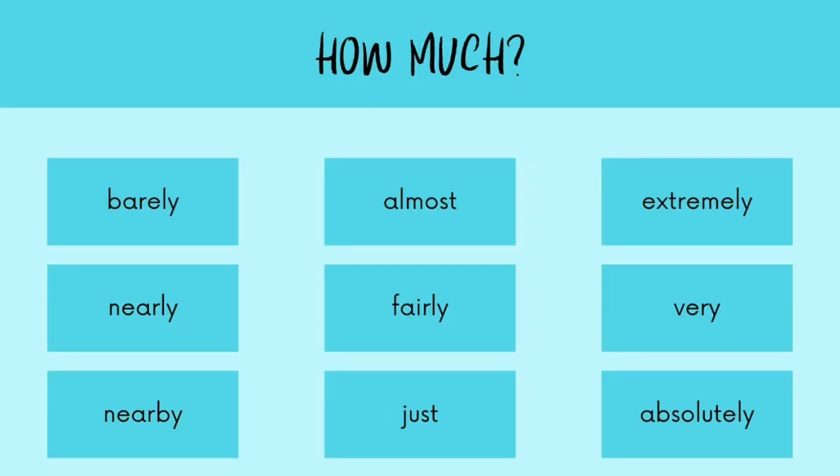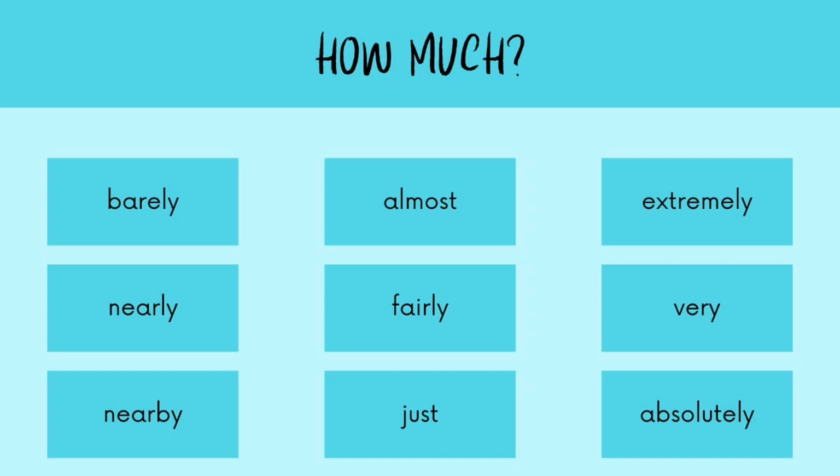Okay, another type of adverb according to function is adverbs of degree. Adverbs of degree tell us to what extent an event happens or to what extent a person does something. It tells us the degree of seriousness or triviality of an action. An adverb of degree can also modify an adjective to tell us the seriousness of that adjective.